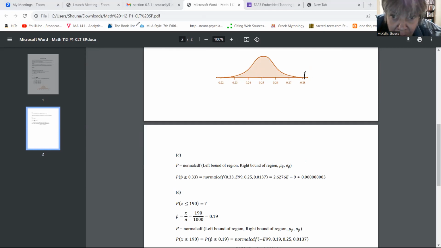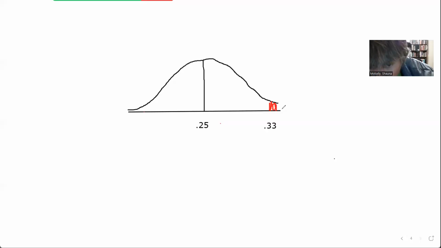So when I write the statement, I say this: probability of, remember it's not X this time.